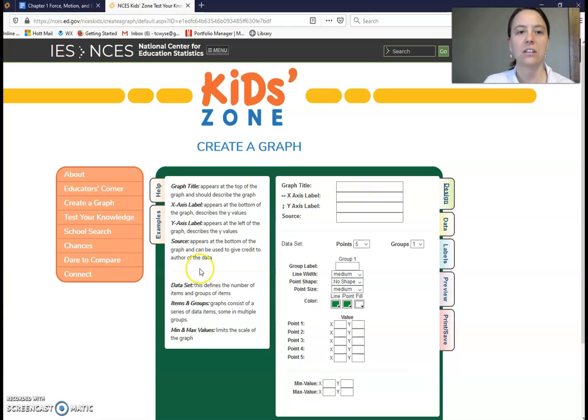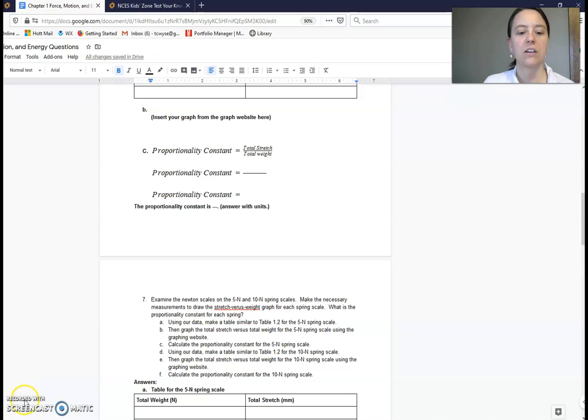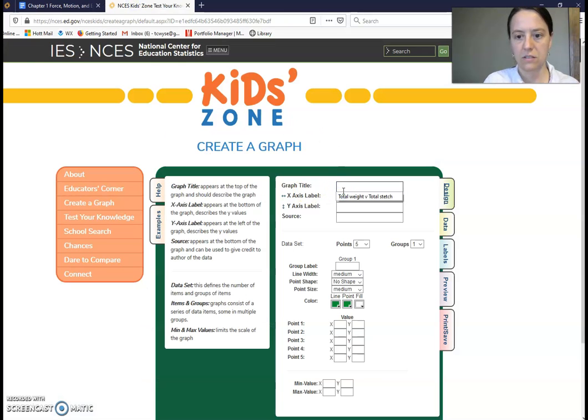Our graph title, well, that's going to be our information from back here, which is total stretch versus total weight.